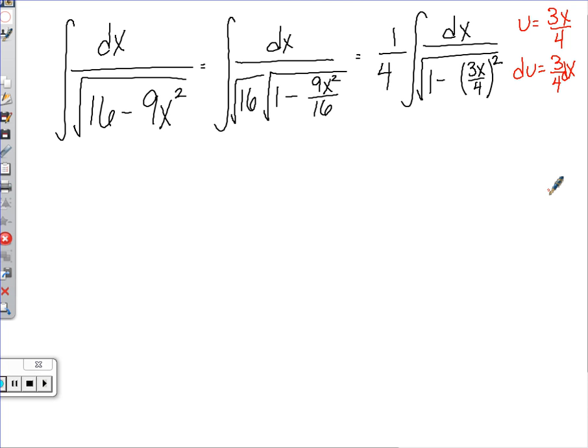So 1/4 we have, 3/4 we don't. So what do we do? Well, 4 over 3 du equals dx.